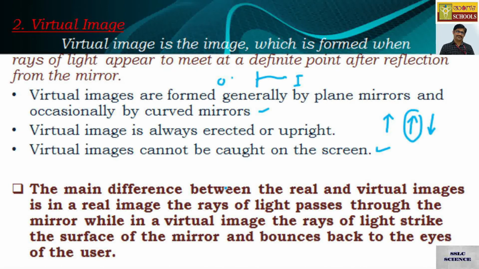The main difference between real and virtual images is that in a real image the rays of light pass through the mirror, while in a virtual image the rays of light strike the surface of the mirror and bounce back to the eyes of the user.